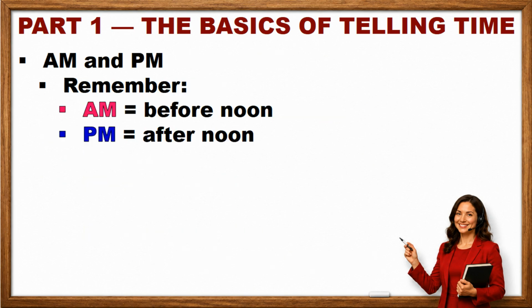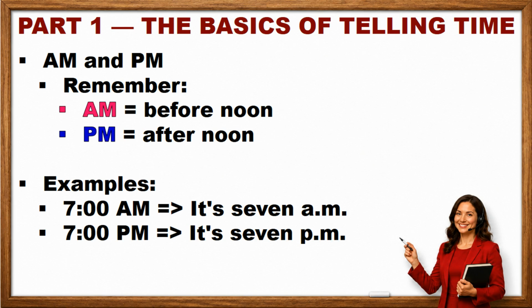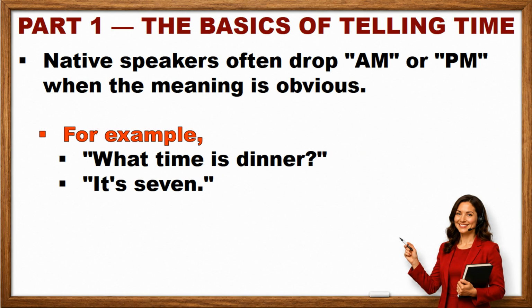AM and PM. Remember, AM equals before noon. PM equals afternoon. Examples. 7 a.m. It's 7 a.m. 7 p.m. It's 7 p.m. Native speakers often drop AM or PM when the meaning is obvious. For example, "What time is dinner?" "It's 7." Everyone already knows it's evening.